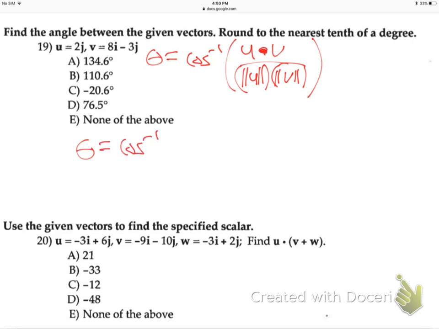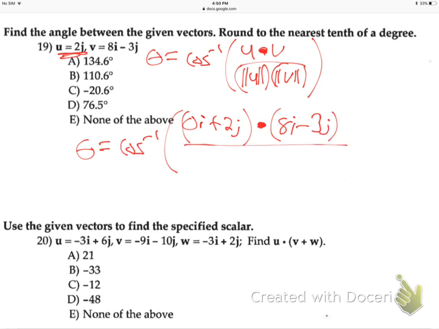Now how do you do that? The 2j really means 0i plus 2j. We dot that with the other one, 8i minus 3j, over the magnitude of u, the square root of 0 squared plus 2 squared, square root of a squared plus b squared, times the square root of the other one, 8 squared plus negative 3 squared.